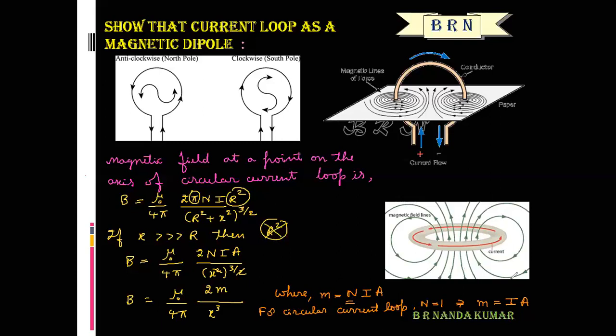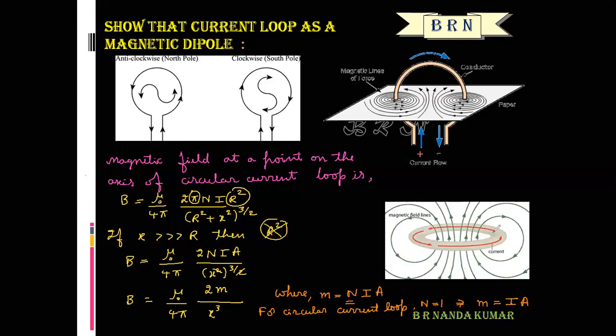Magnetic dipole moment of any current loop is exactly equal to the product of current and area of the loop. Okay, its direction is defined to be normal to the plane of the loop, in the sense given by right hand thumb rule.